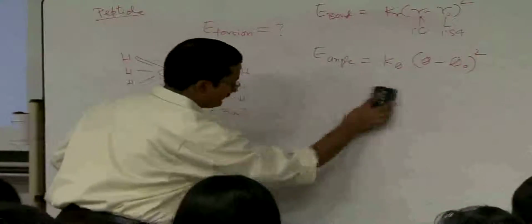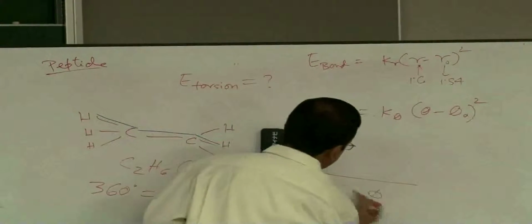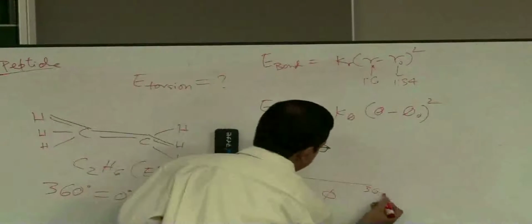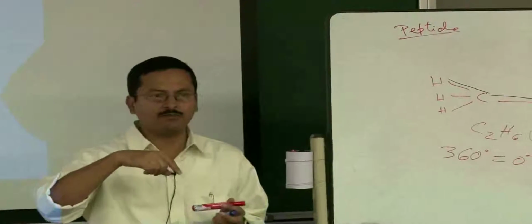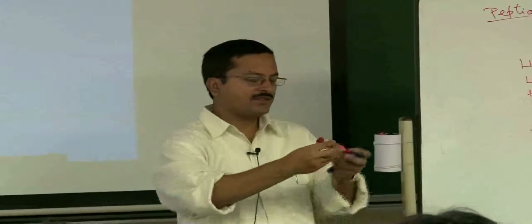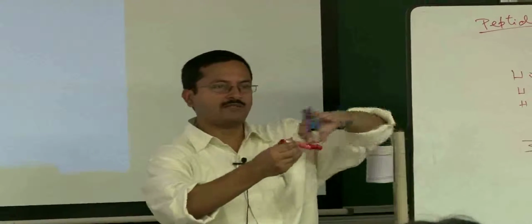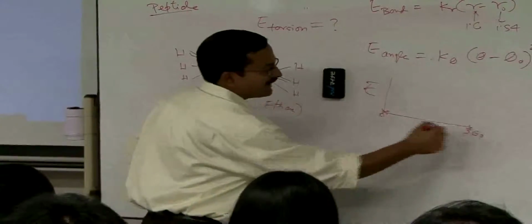Okay, let me make this more clear. Phi I am plotting, phi is 0 here, 360 here, but these two are the same, because if you start to rotate, 90, then 180, 270, 360, it is the same thing. So, the energy of this and this have to be the same.